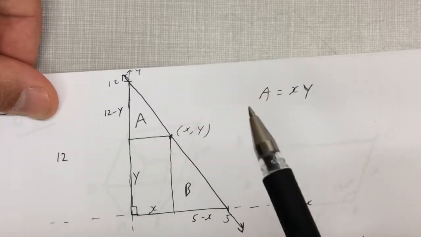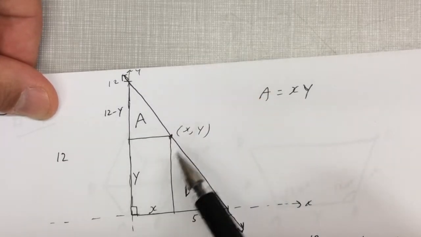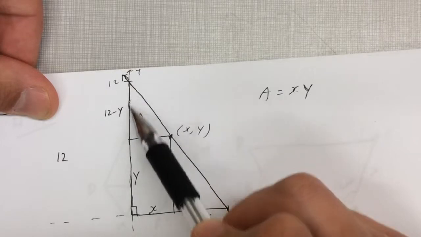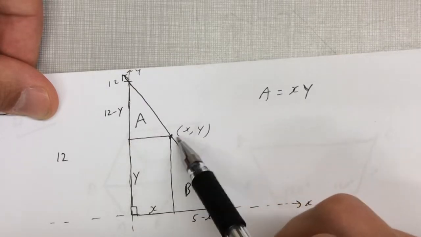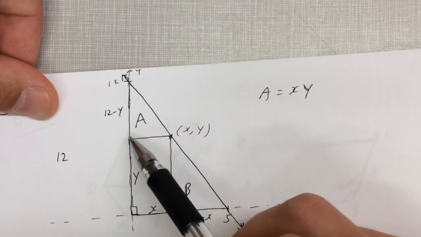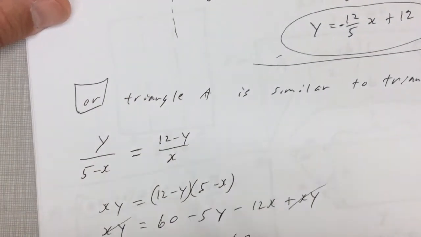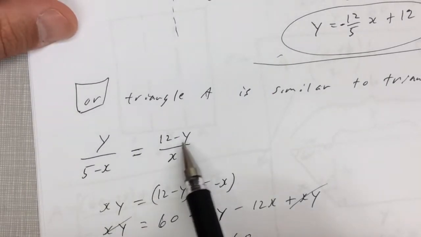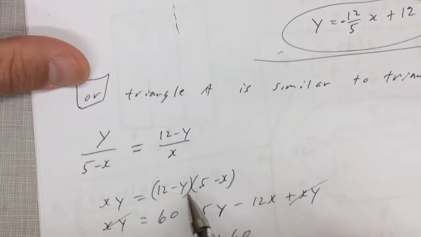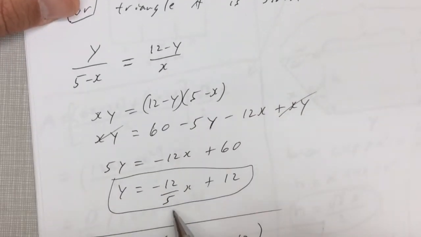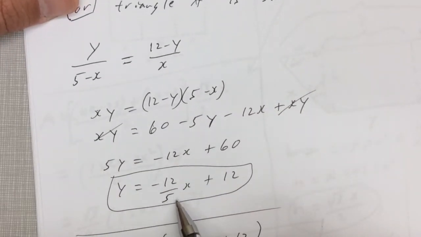So for this one, y over 5 minus x is going to equal 12 minus y over x. This side to this side is this side to this side. So we write that down here: y over 5 minus x equals 12 minus y over x. Rearrange it, simplify, and we end up with the exact same constraint.